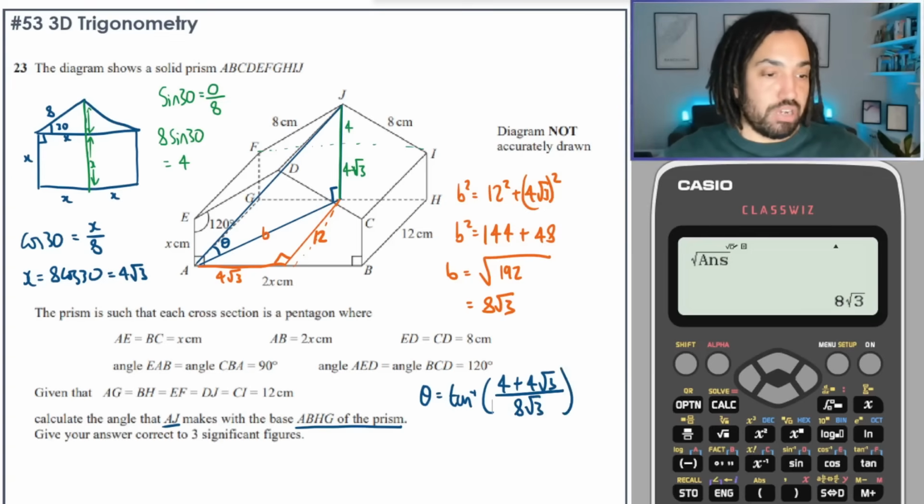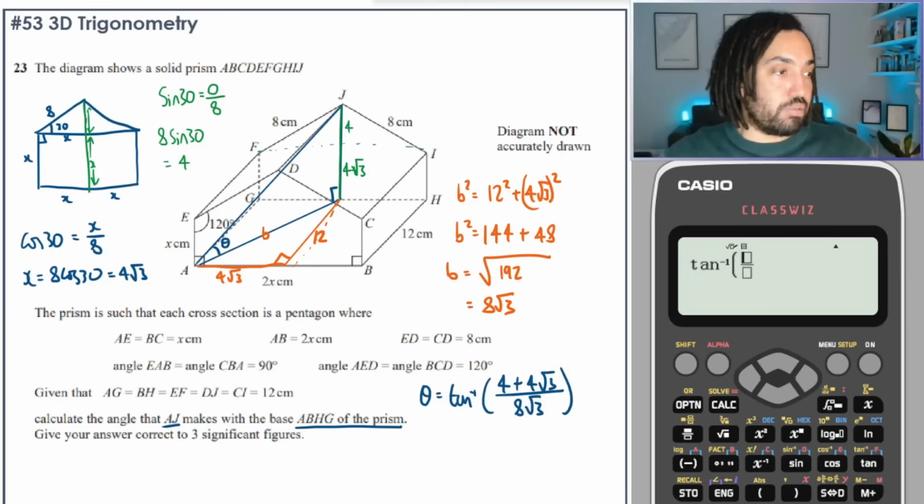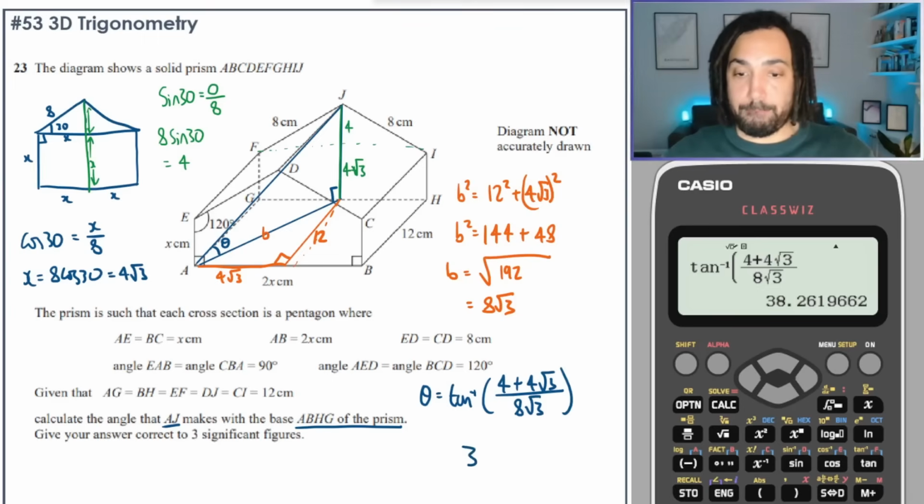So that can go directly into our calculator, and hopefully that will give us the correct answer. Let's do 4 plus 4 root 3 over 8 root 3. We get 38.3. Brilliant.